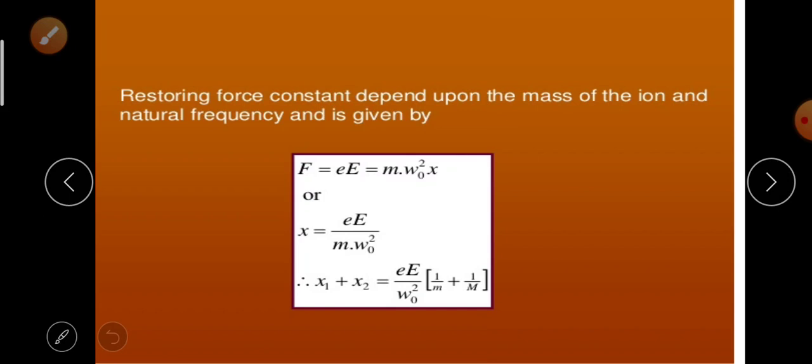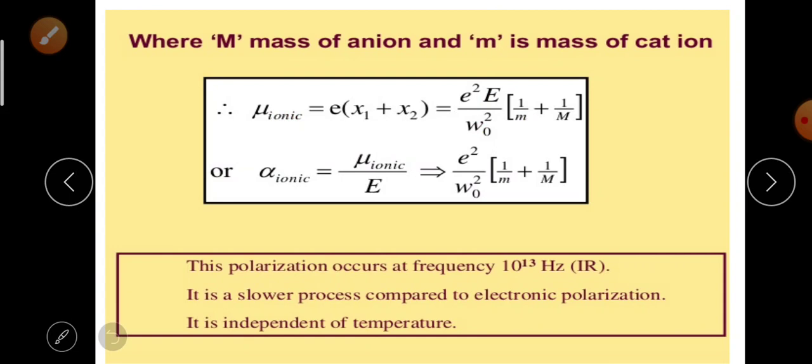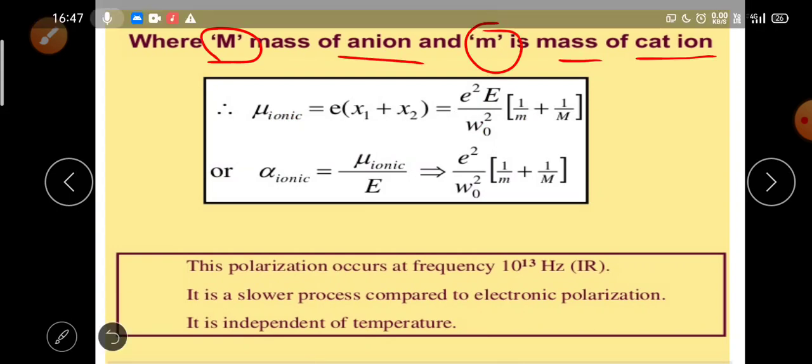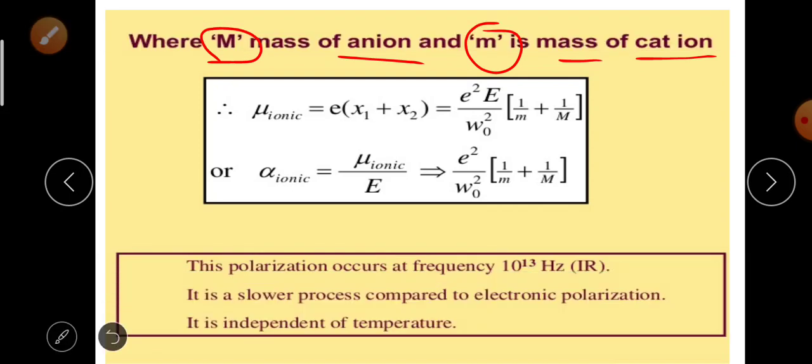Therefore x1 plus x2 is equal to eE/ω₀² into (1/m plus 1/M), where capital M is the mass of the anion and small m is the mass of the cation.